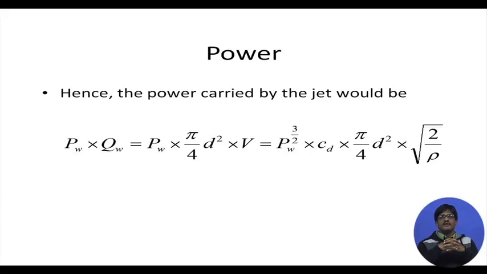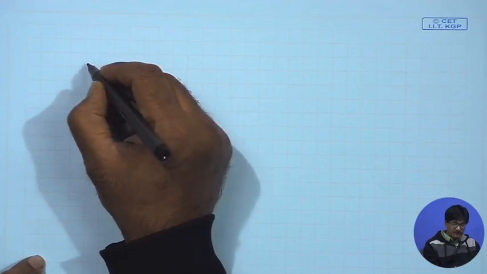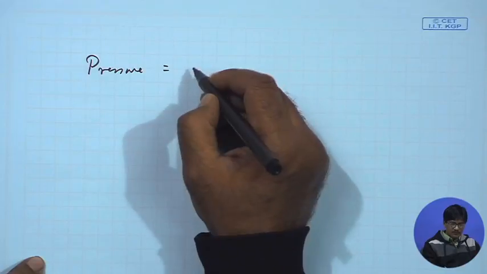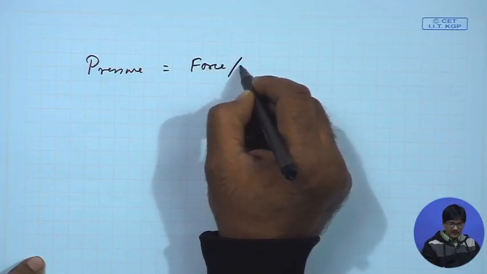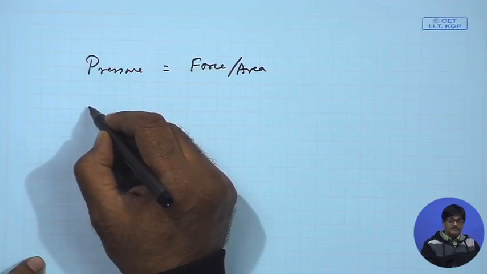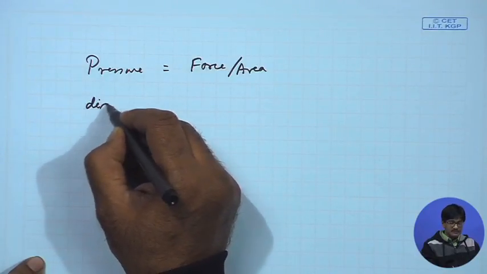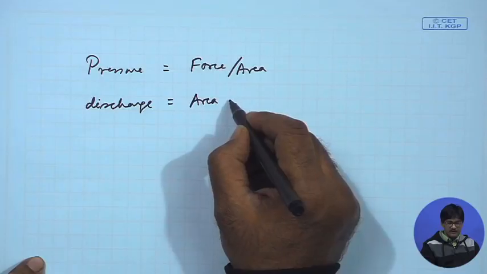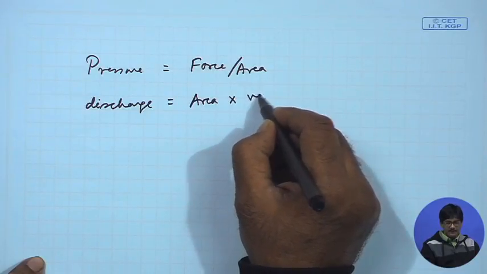This is because pressure is equal to force by area, and discharge is equal to area of cross section into velocity.